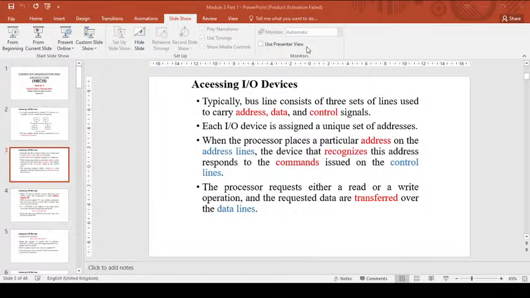When IO devices and the memory share the same address space, the arrangement is called memory mapped IO. In the memory, some portion of the memory locations, some particular range, is used as memory itself, and the remaining memory locations are used for addressing IO devices.